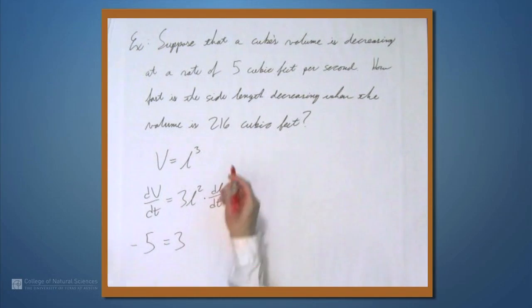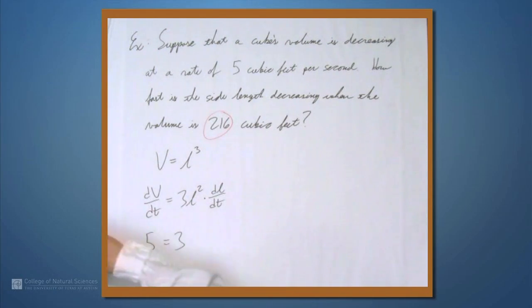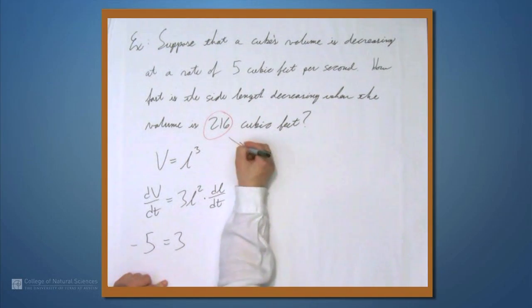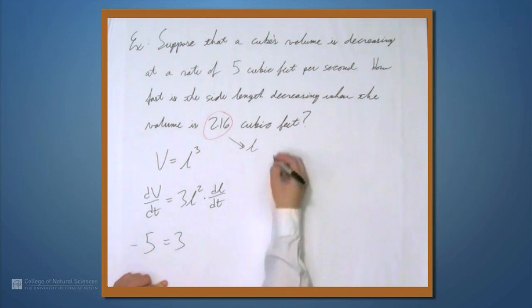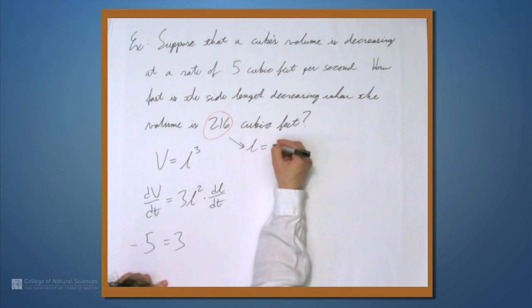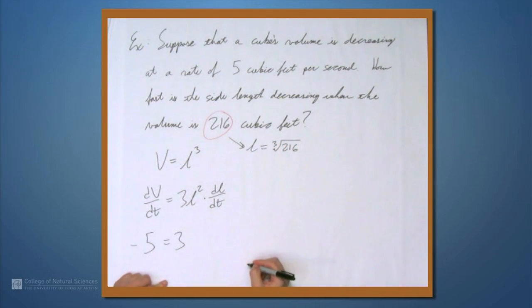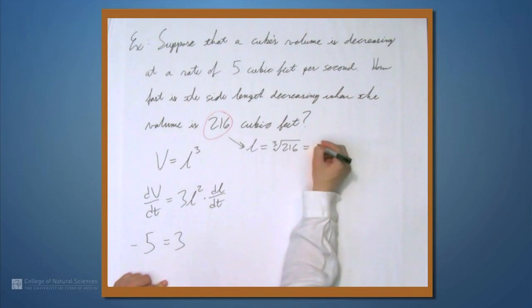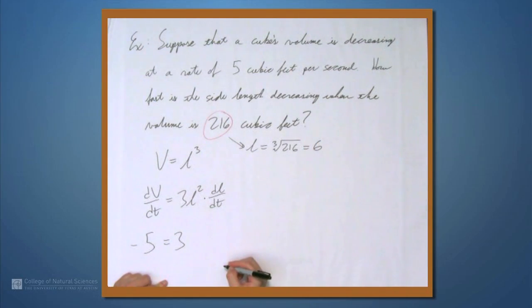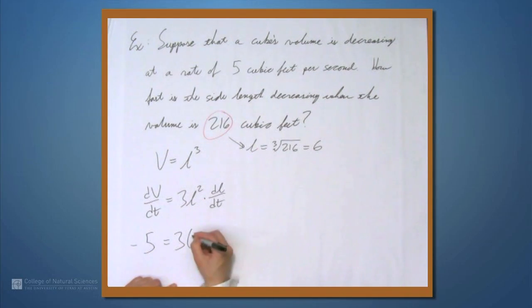We're not given it directly, but we're told that the volume is 216 cubic feet. This implies that L is the cube root of 216, and that is 6. So negative 5 equals 3 times 6 squared times dL/dt.